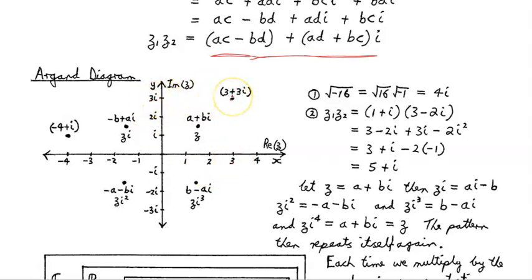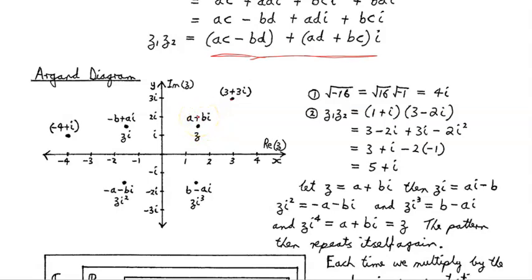It's this point here. Let me show you one more: -4 plus i. The real part is -4 and the imaginary part is plus 1, so that goes over here. In general, a plus bi goes wherever its parts dictate.